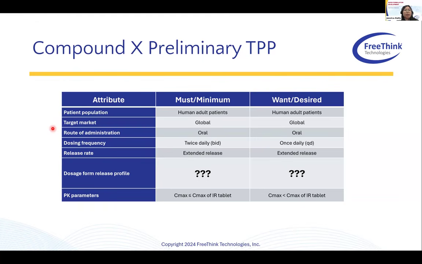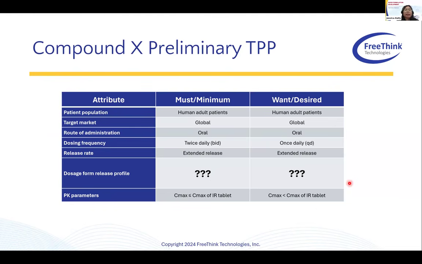The route of administration is oral. For the dosing frequency, we would like at least a once daily (QD) product, and we need this to be an extended release product. And for the PK parameters, we want to blunt the Cmax. So we want the Cmax to be less than the Cmax of the immediate release tablet.